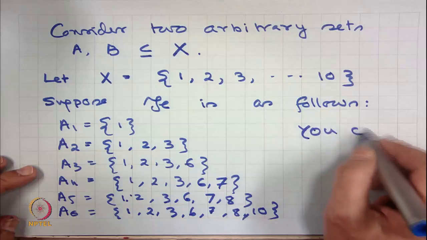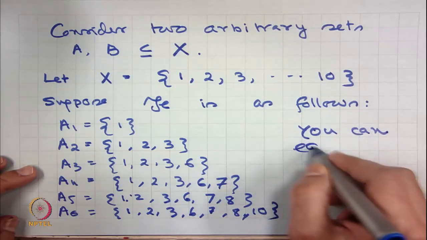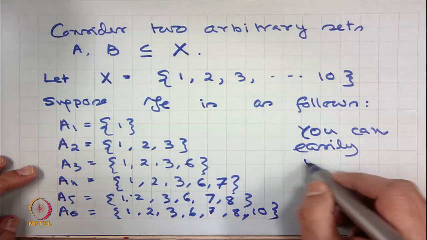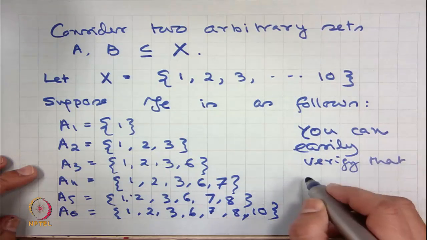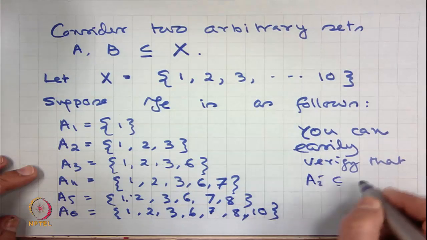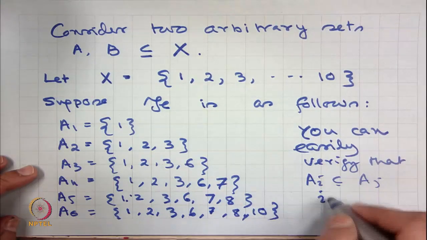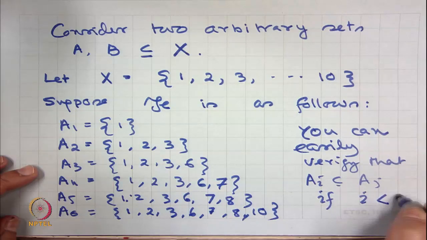You can easily verify that Ai is contained in Aj if i is less than j.